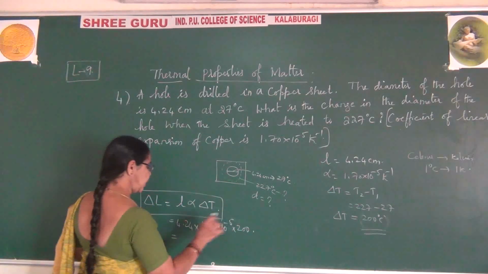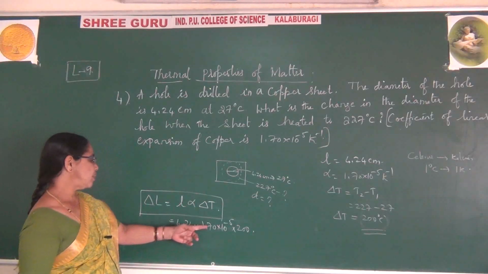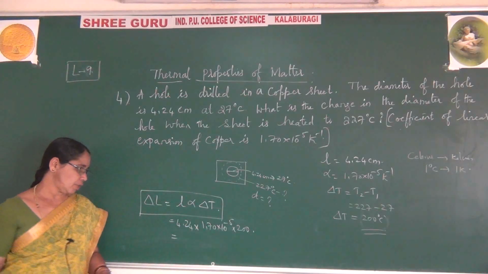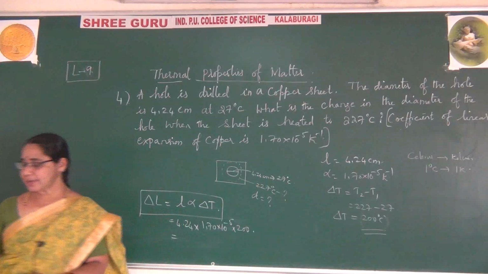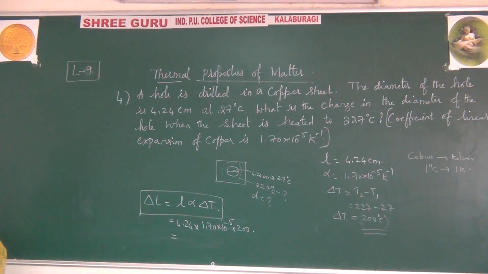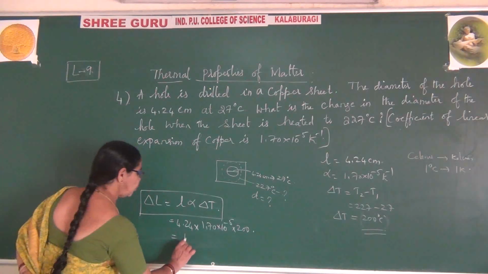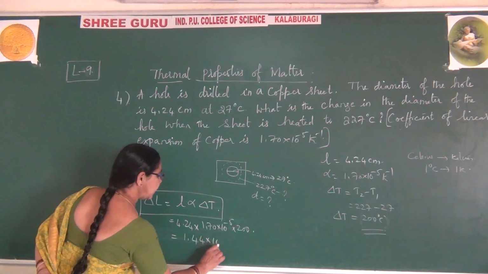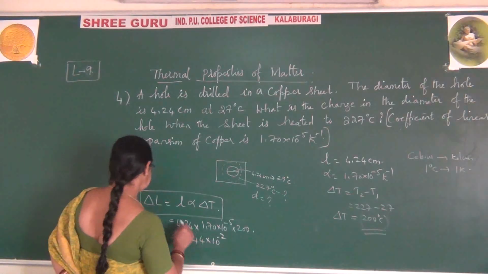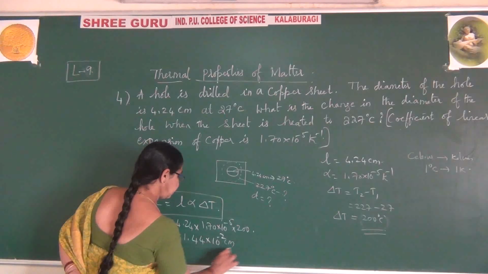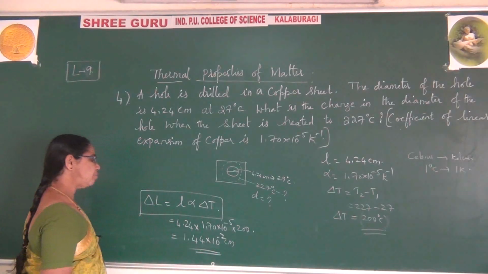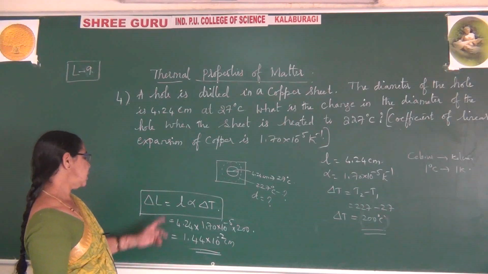By substituting, 1.70 into 4.24 into 200, you can observe the value is 1.44 into 10 raised to minus 2, and it is in centimeter. This is the change in the diameter.